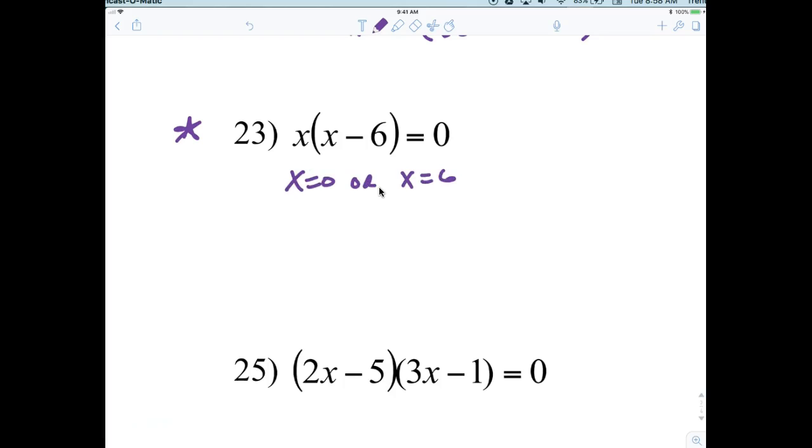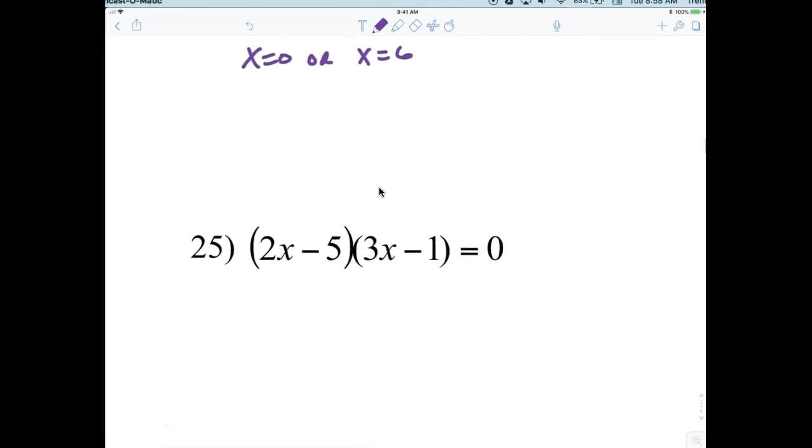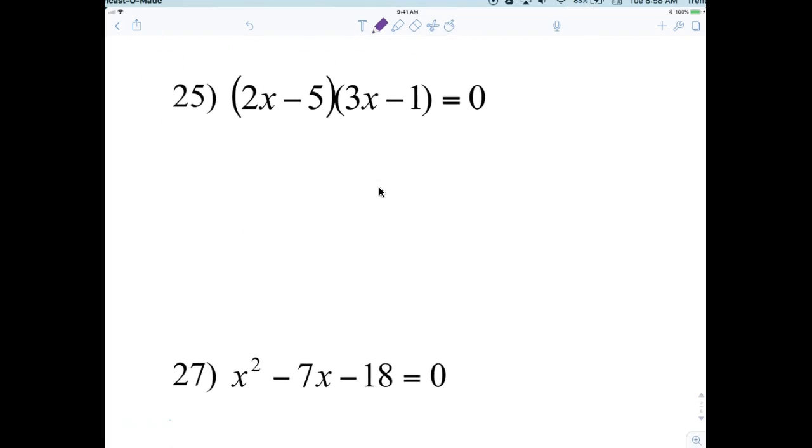That's it. Just like on 25, you should be able to now say x equals 5 over 2, or x equals 1/3. That's how simple.